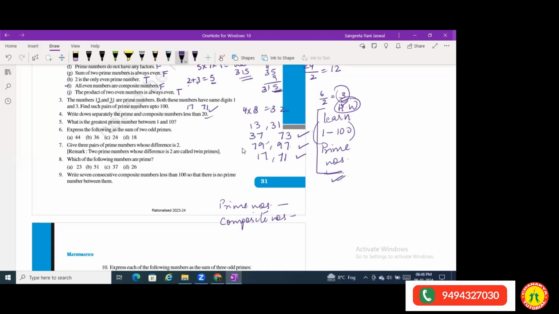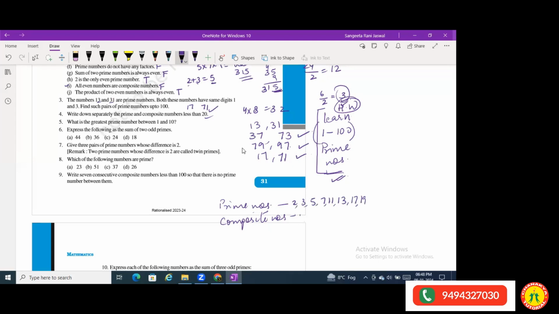Now I'm done. Okay. Tell me the prime numbers. Ma'am, prime numbers are 2, 3, 5, 7, 11, 13, 17 and 19. Okay. Composite numbers are 4. Yes, all the remaining numbers which you have left in between are composites.